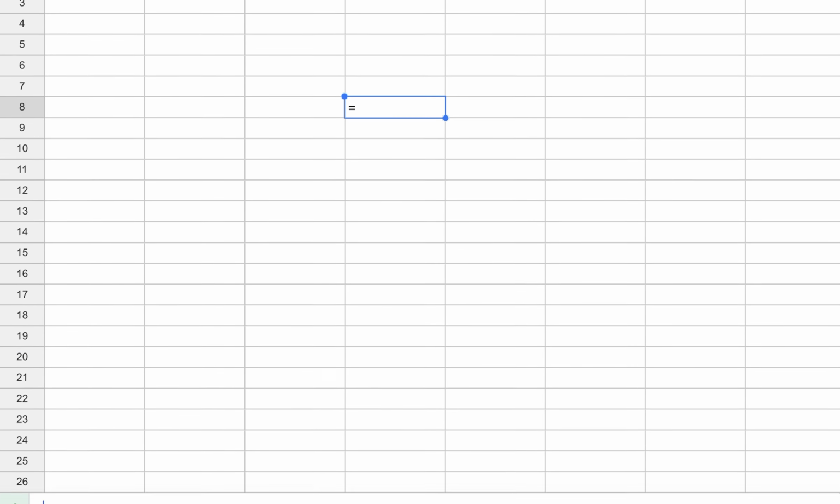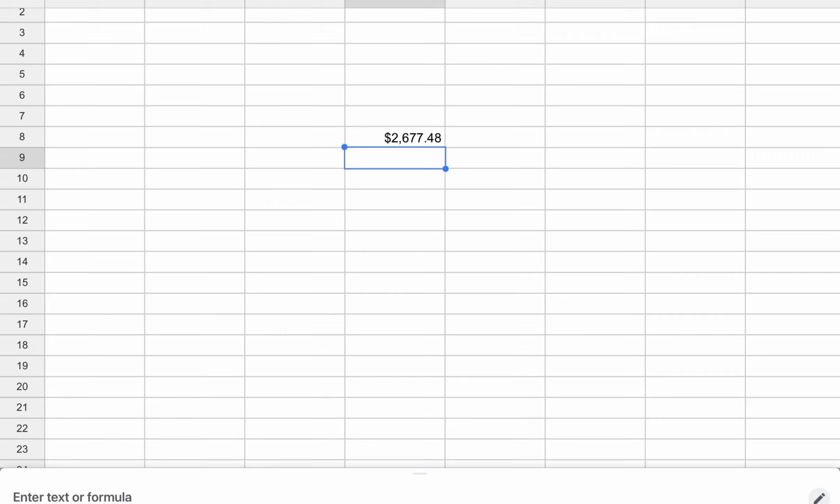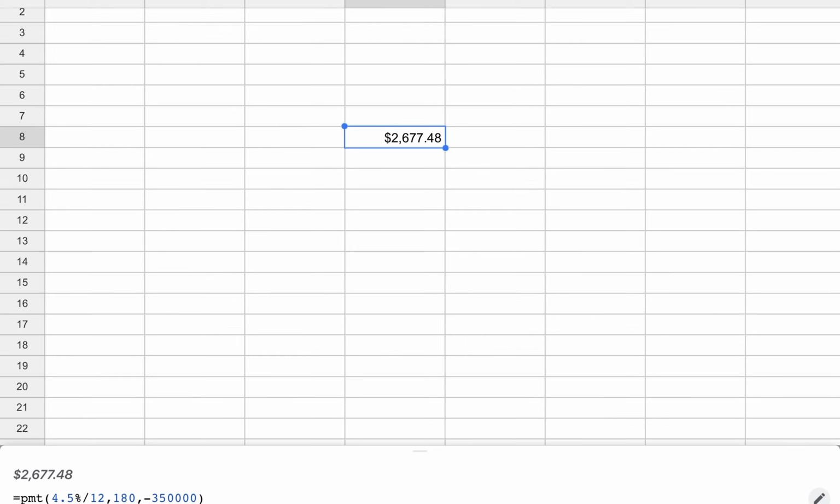We're going to use the payment function and enter in the interest rate of 4.5%, and we're going to divide that by 12 because we want to know what that monthly payment is. And they are going to hold on to this loan for 15 years, so that's the equivalent of 180 months. And the loan amount is $350,000. Okay, and that payment is $2,677.48.